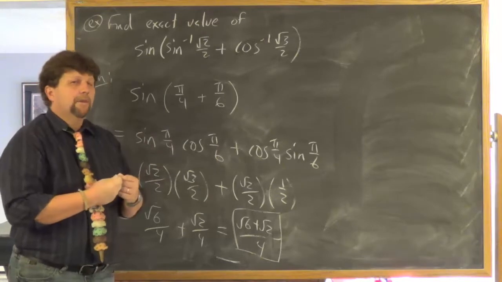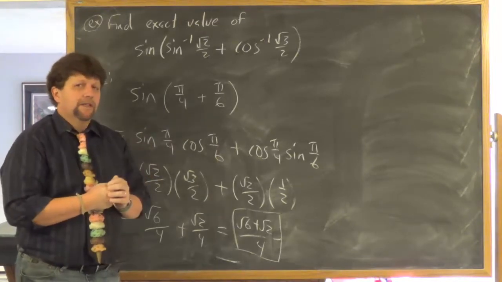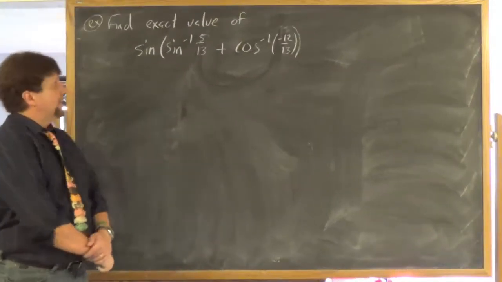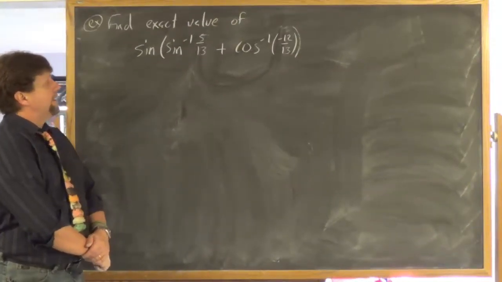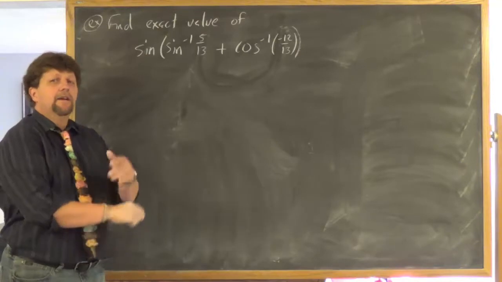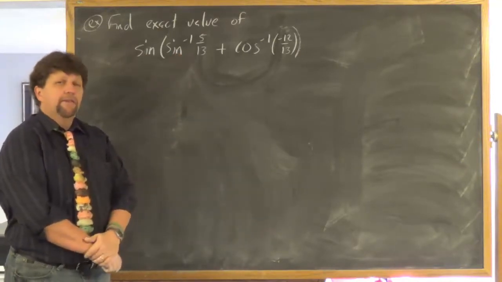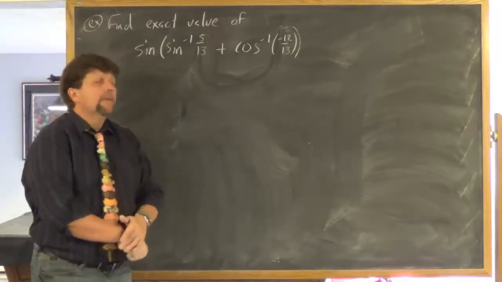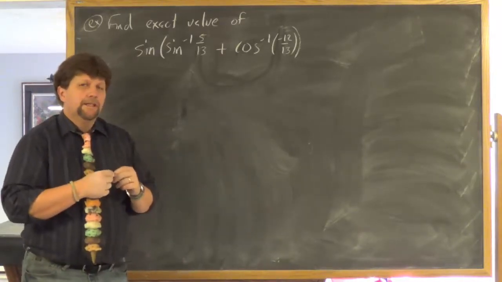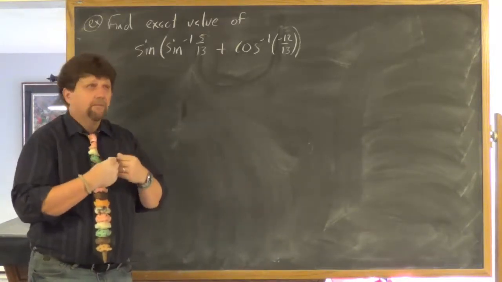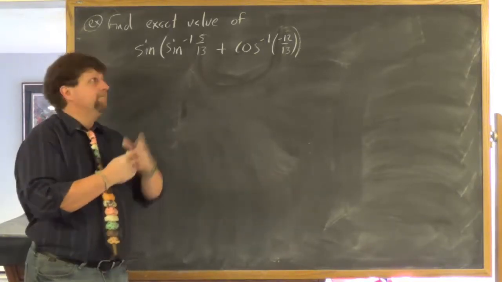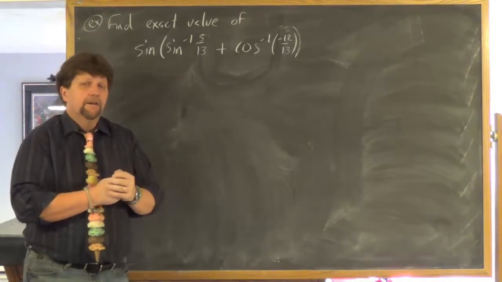One more example, and it may not be quite as friendly as this, but the concept will be the same. All right, hey, here in this last example, we're asked to find the exact value of the sine of the quantity inverse sine 5/13 plus inverse cosine negative 12/13. A little bit more involved than the last example, and in the last example, I had stuff in here that, hey, I knew off the unit circle. Not the case here.